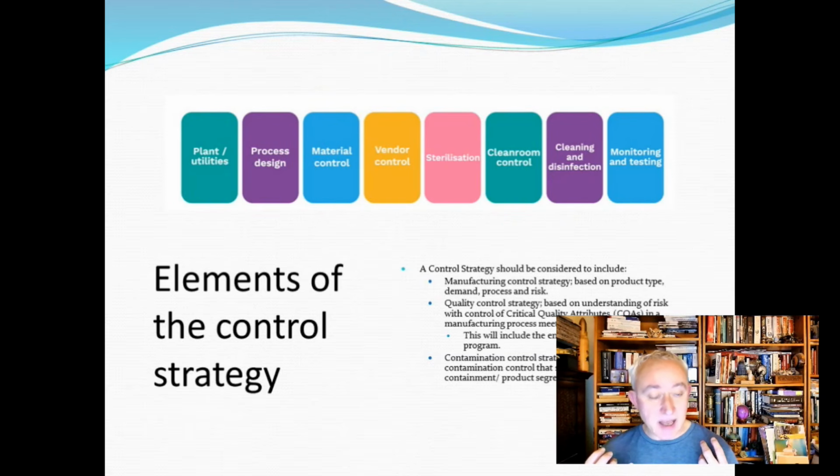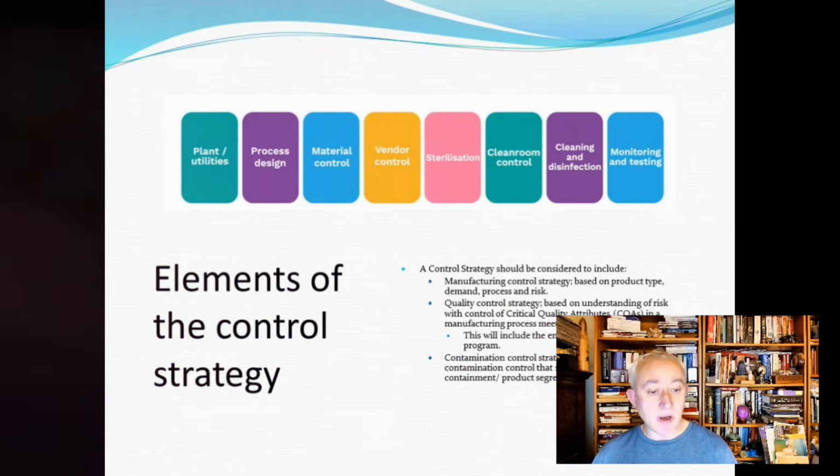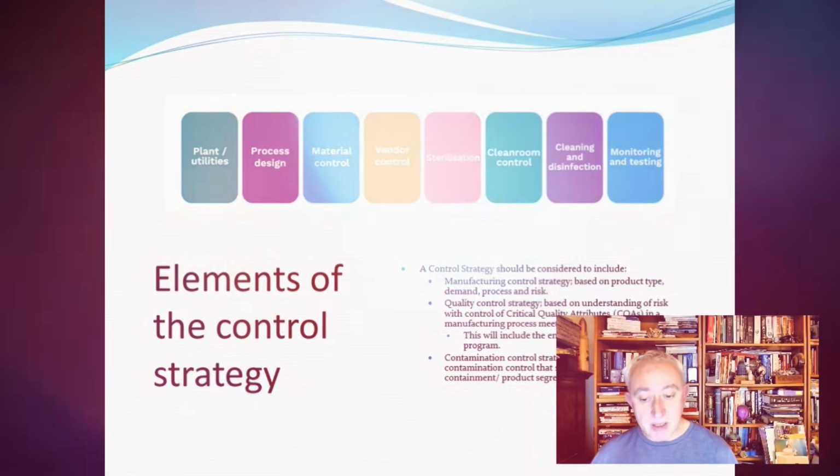And understanding the manufacturing control strategy, the quality control strategy, setting quality attributes, the design of clean rooms, the risks of cross-contamination, product segregation, and so on, is all connected to minimizing contamination.